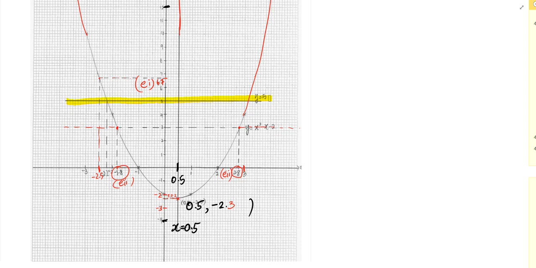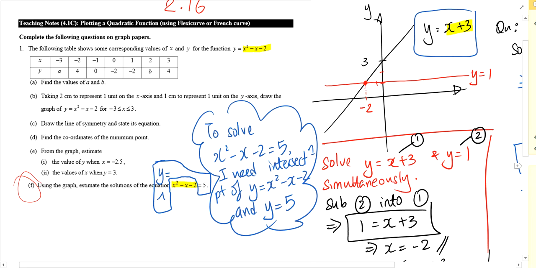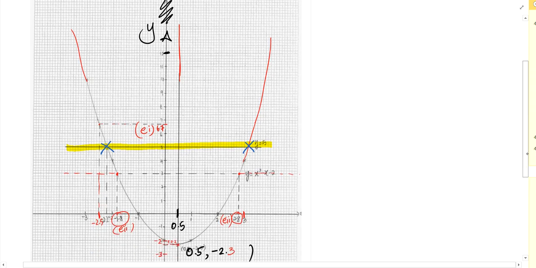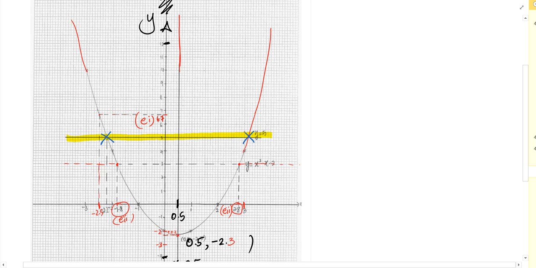So in this case, there are two intersection points, one over here and one over here. Okay, let's take a look at the question again. The range for x is from -3 to 3. So we do not need to be bothered with this particular point of intersection because our graph ends here.